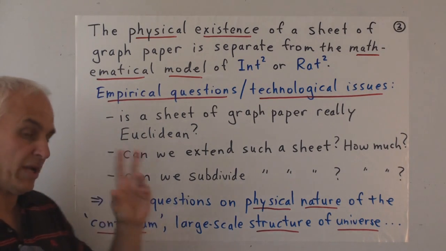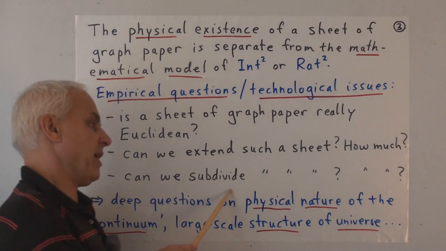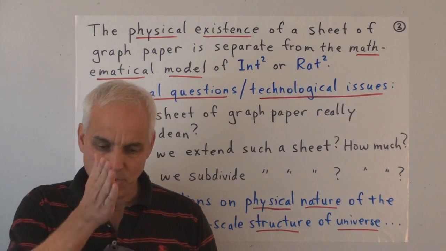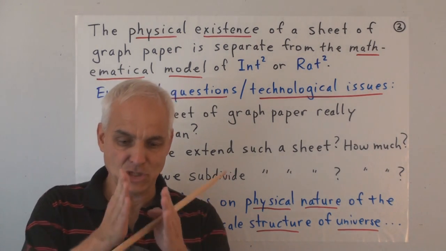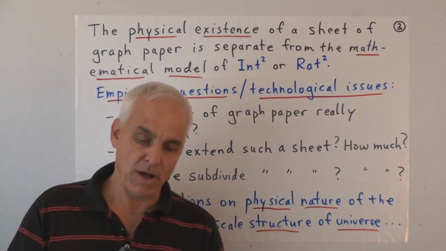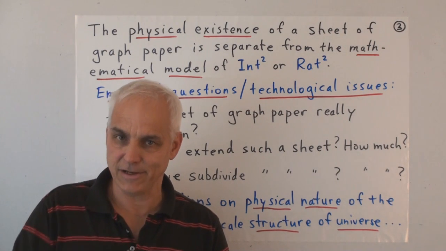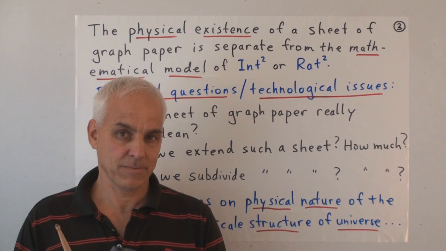Another sort of related or inverse question is, can we subdivide a sheet of graph paper arbitrarily? Suppose we want to create a finer mesh by, say, subdividing each of our squares into 10 little pieces. And then we want a yet finer one where we subdivide even those smaller squares into 10 little pieces and so on. Can we keep doing that?